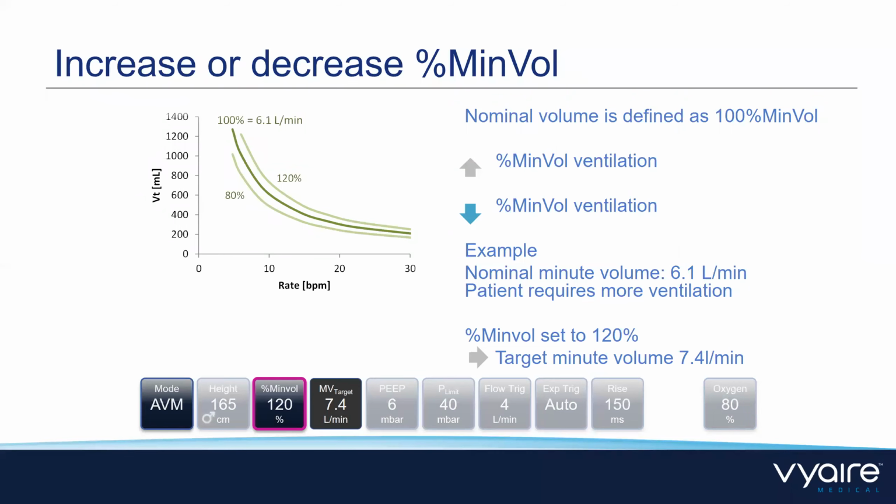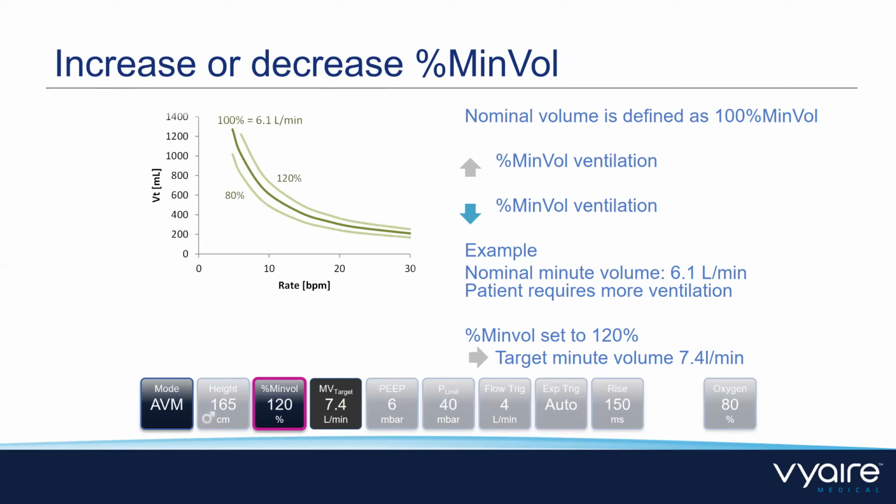Maybe the tidal volume will stay the same and the respiratory rate will increase. It really depends. The system does the work for you, and it recalculates what would be the best for the patient to keep the optimum target, and also to keep the patient at the new minute volume you want to have.